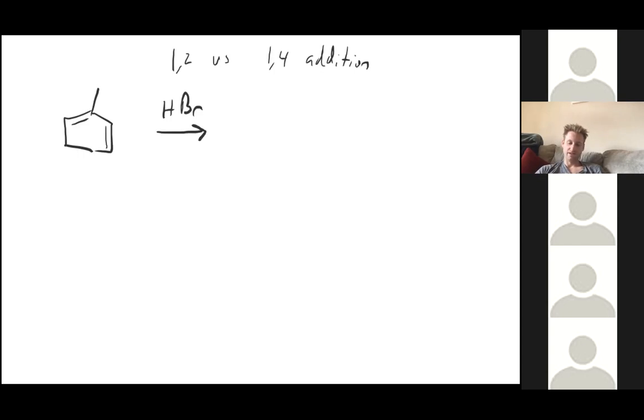Okay, we have a different diene here. We've got 2 different double bonds. If I look at all the centers on them, my double bond on the right here has 2 secondaries. My double bond on the left has a secondary and a tertiary.